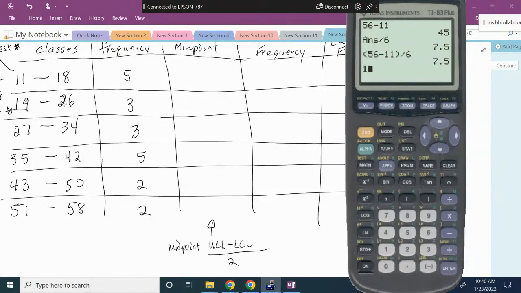So that's 18 minus 11. And I'm going to hit enter, divided by 2. And I get 3.5.